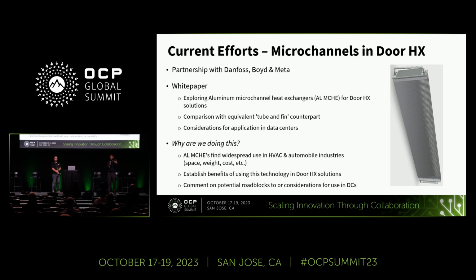So we want to establish what those benefits could be and get some empirical data for that. We also want to not enter this with rose-colored glasses. We understand that there are drawbacks to aluminum microchannels, and aluminum really. For instance, the water chemistry. We're going to go in and have those discussions up front so you can see how we would manage that, or we'll try to manage those issues in the white paper.